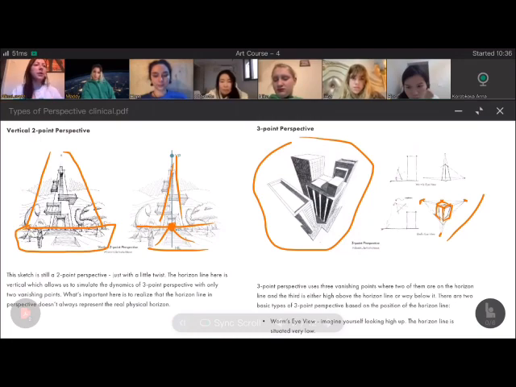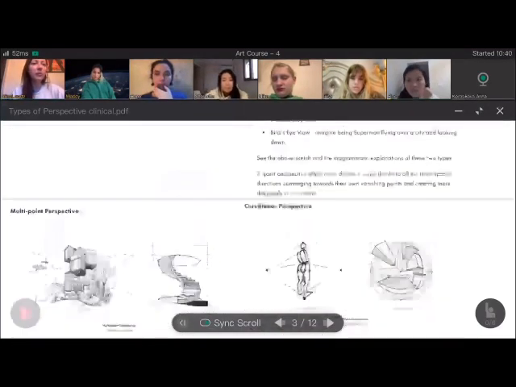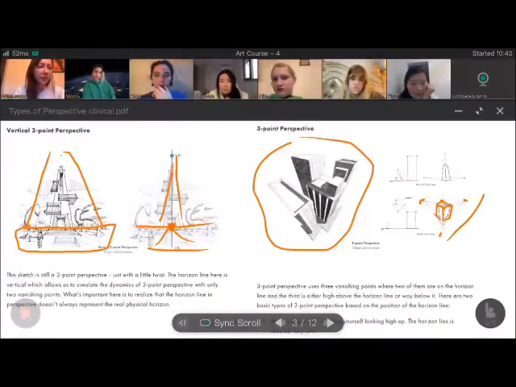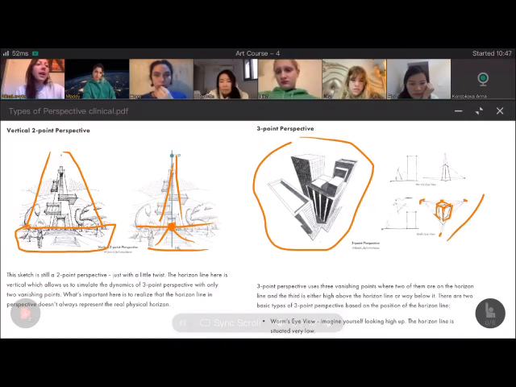They use this type of perspective. And one more thing, in this type of perspective, you can imagine yourself looking high up the horizon line or down. And these types are called worm's eye perspective and bird's eye.